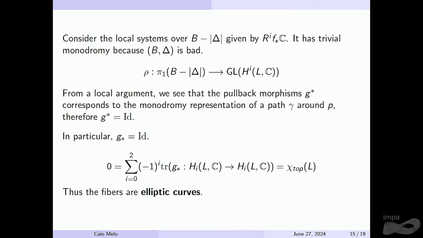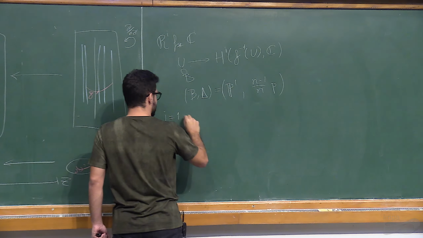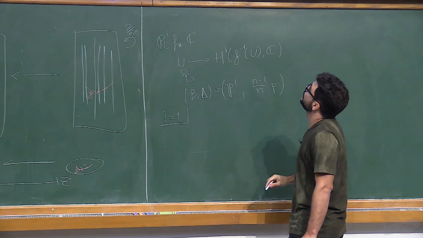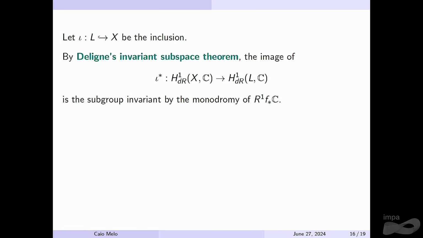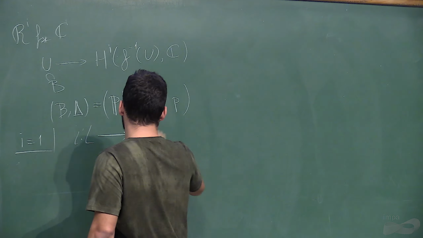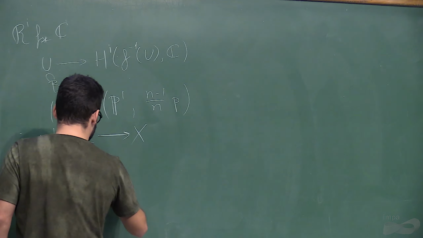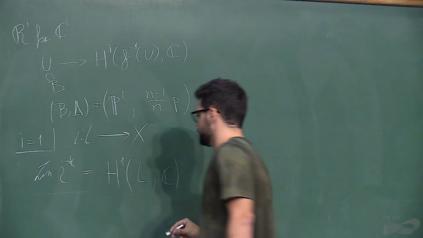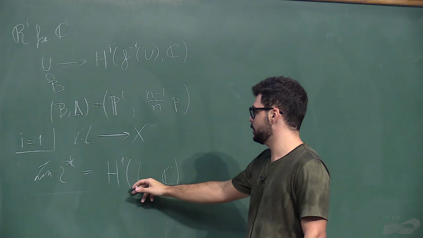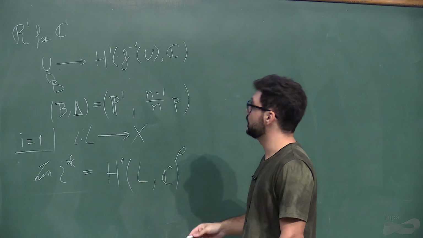I'll use this later. Before that, just notice that if we take i equal to 1, and using that the monodromy is trivial, we have Deligne's invariant space theorem, which states that if iota is the inclusion, then the image of the pullback in the first cohomology is the subspace of the cohomology of the fiber that is invariant by the monodromy I told you about before, which is trivial.